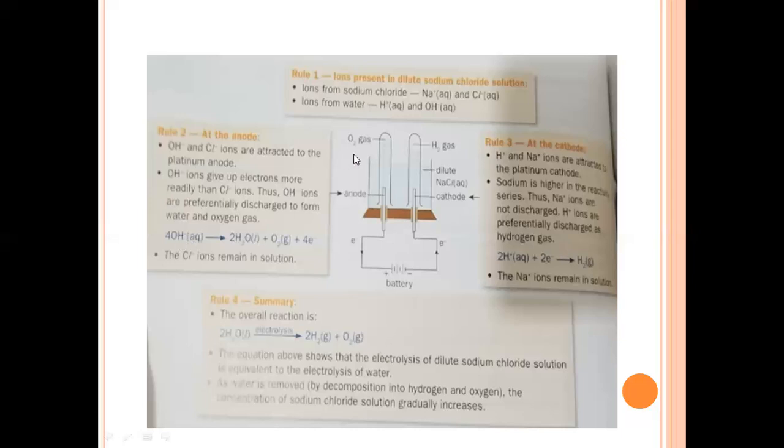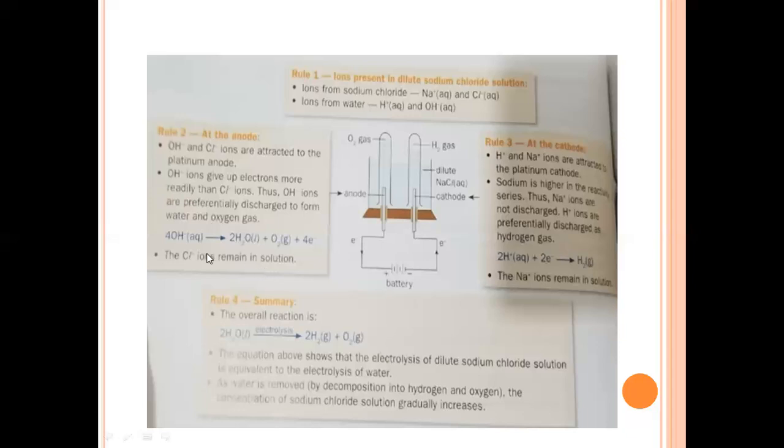OH negative ion comes to the anode and loses its electrons and becomes water and oxygen gas. Water can go back to the solution and make it more dilute, and oxygen in the form of gas evolves out. So chloride ion remains in the solution.